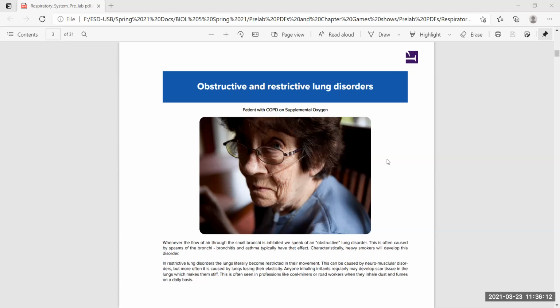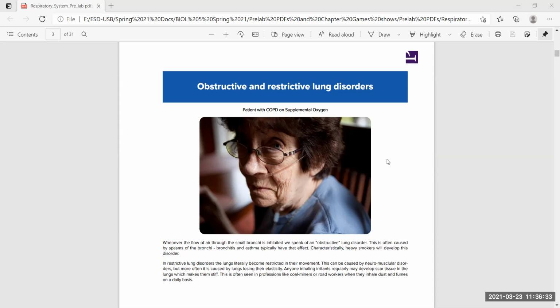So every time the airflow is obstructed, that is called obstructive disease. But let's say you have a problem with your rib cage or respiratory muscle or your diaphragm, and you cannot inhale enough.